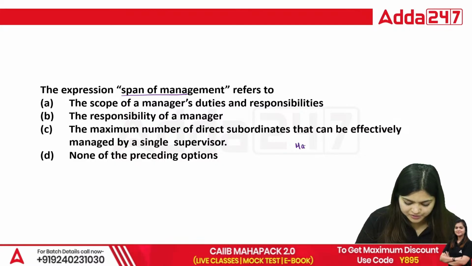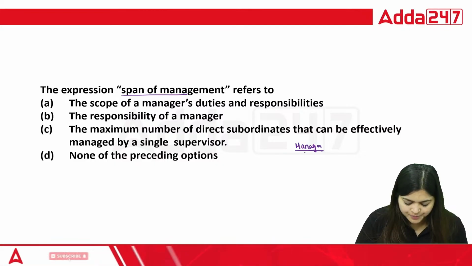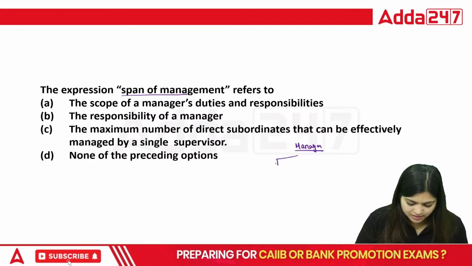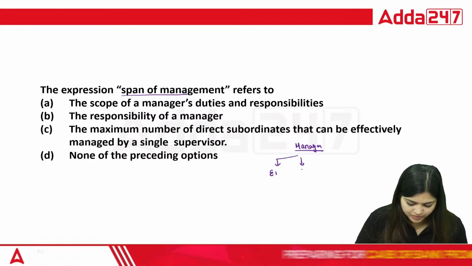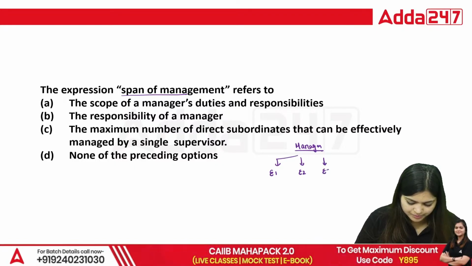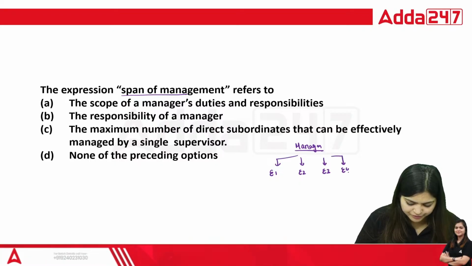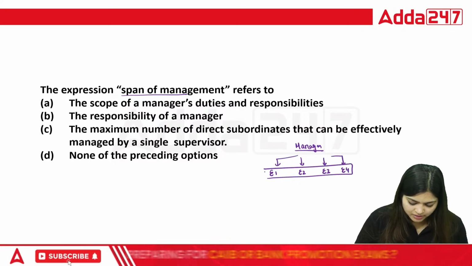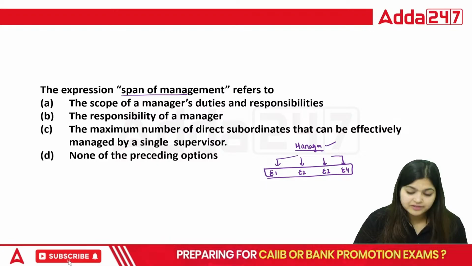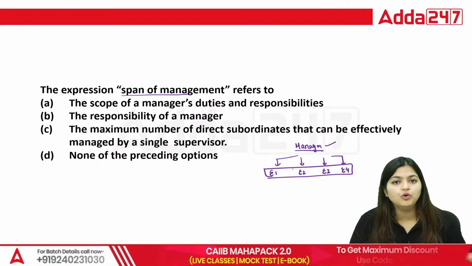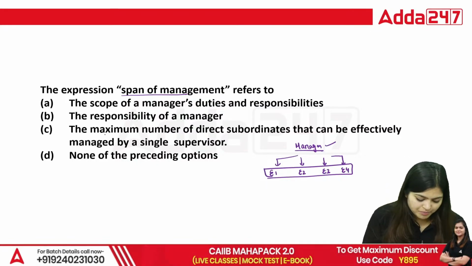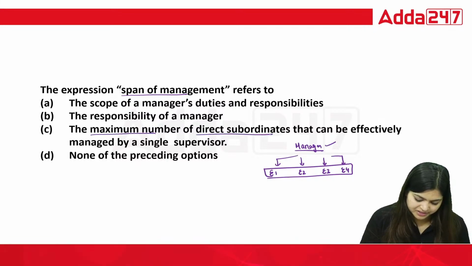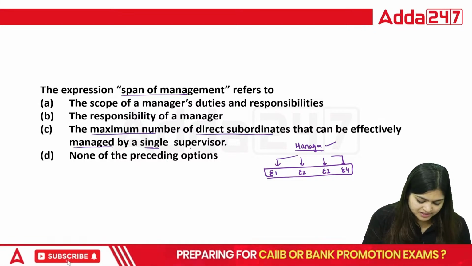Suppose here is your one manager. Now under this manager there is employee 1, employee 2, employee 3, yes, employee 4. So in total this manager will listen to and take the reporting from these 4 employees. So the maximum number of direct subordinates that can be managed by a single supervisor.